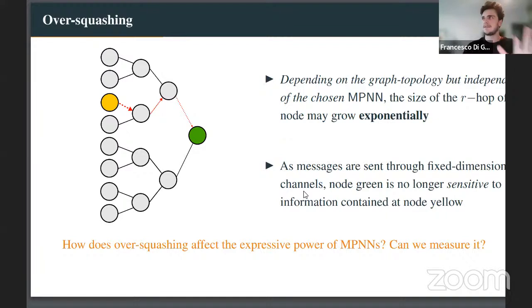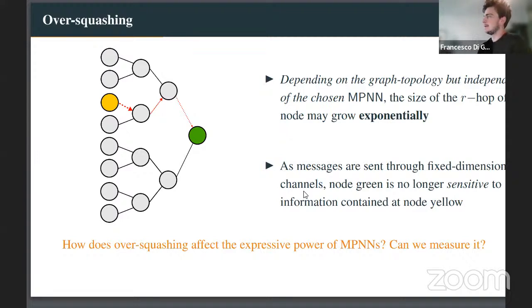So this was a high-level description, and several works, and I spent quite a bit of time in the last year and a half working on this problem, have tried to study formally what is causing oversquashing, right? But I think there is much less work, in fact almost no work, I would say, before ours, that studies how oversquashing affects the expressive power of message passing networks, and if we can measure it.